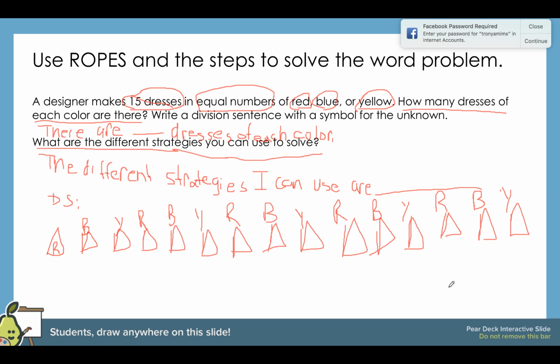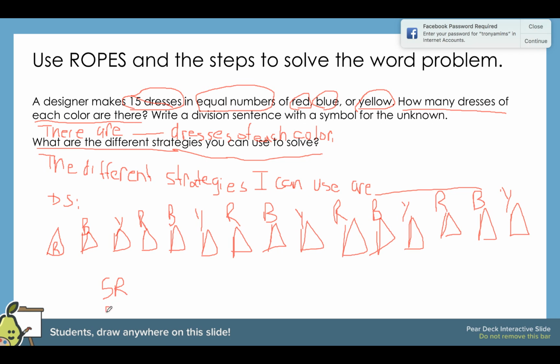So when I look at my picture, this is going to show me how many dresses of each color there are. So let's see, how many red ones do we see? 1, 2, 3, 4, 5. So there are 5 red. Well, let's count the blue to make sure that they're equal. 1, 2, 3, 4, 5.